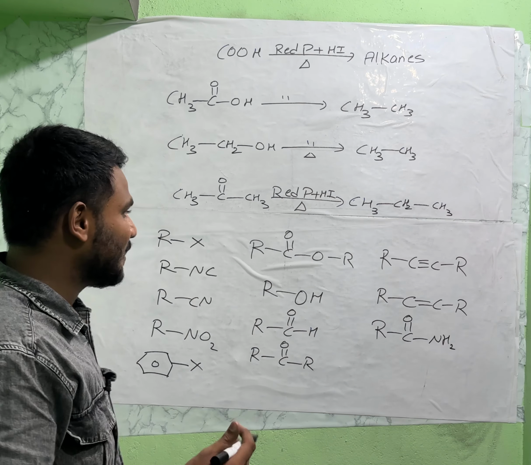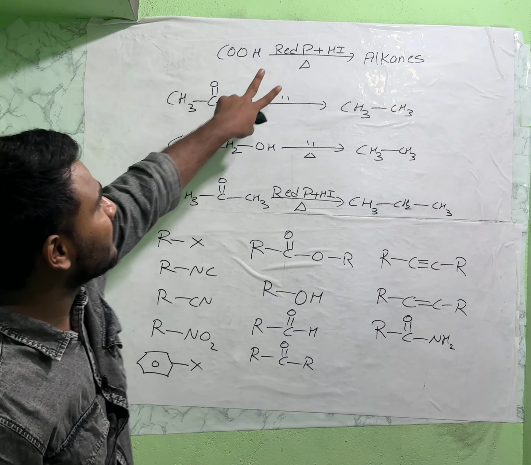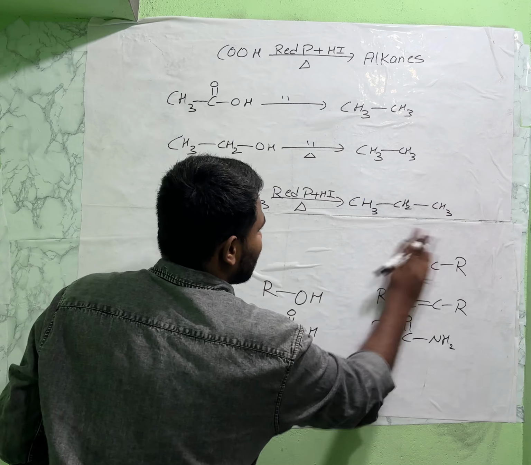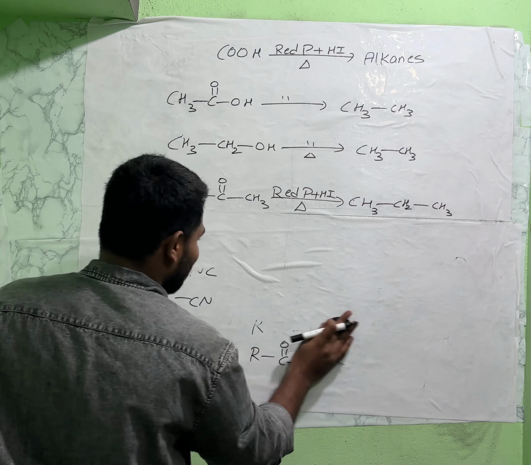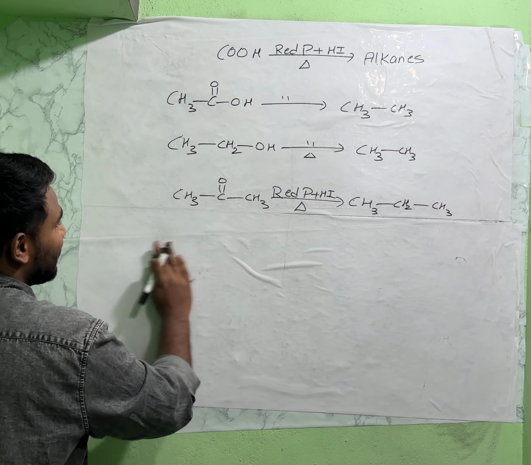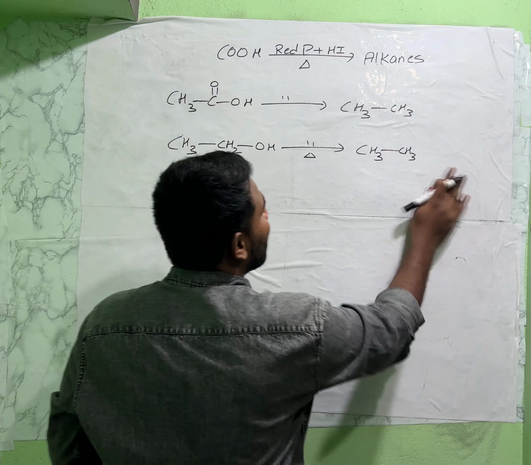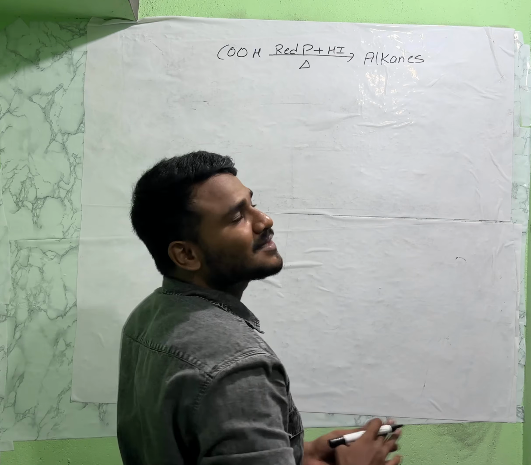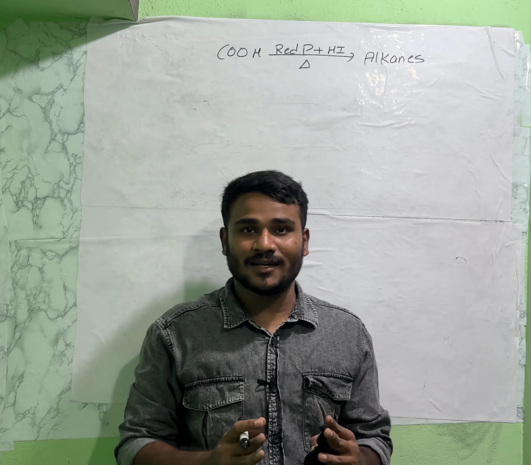Now we will see the mechanism behind it and what the use of this red phosphorus is. Let us see the mechanism. You have seen all three methods, NaOH with CaO, red phosphorus with HI, and Kolbe's electrolysis. All three give different products.